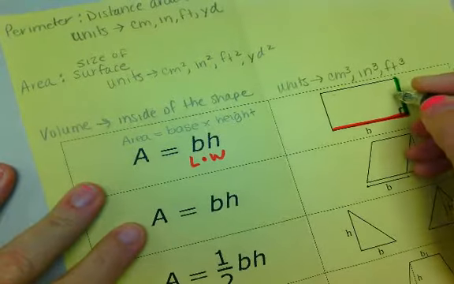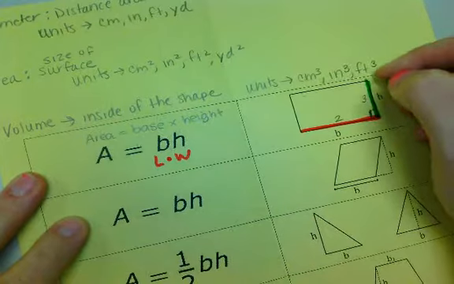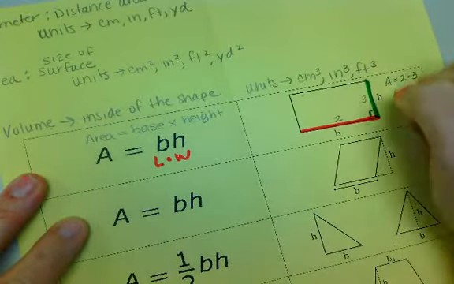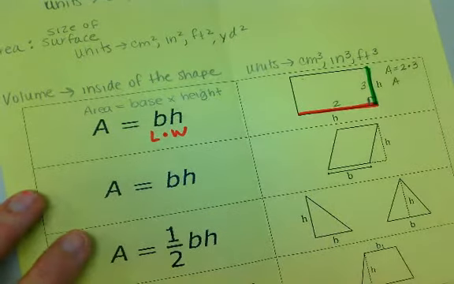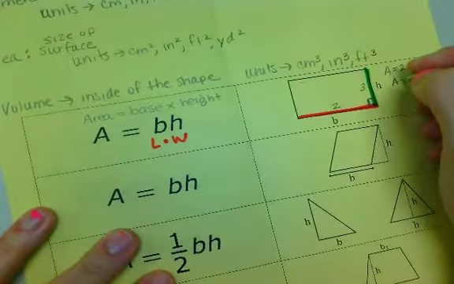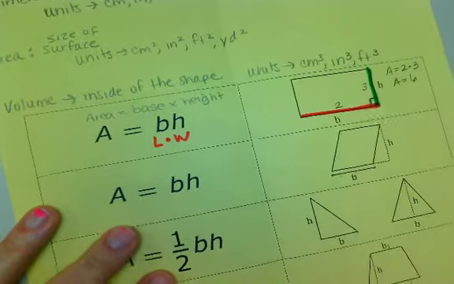So if I were to have a height of 3 and base 2, I would do area equals 2 times 3. So my area would be 2 times 3, which is 6. So it would be 6, and then whatever our measurement was. Okay?